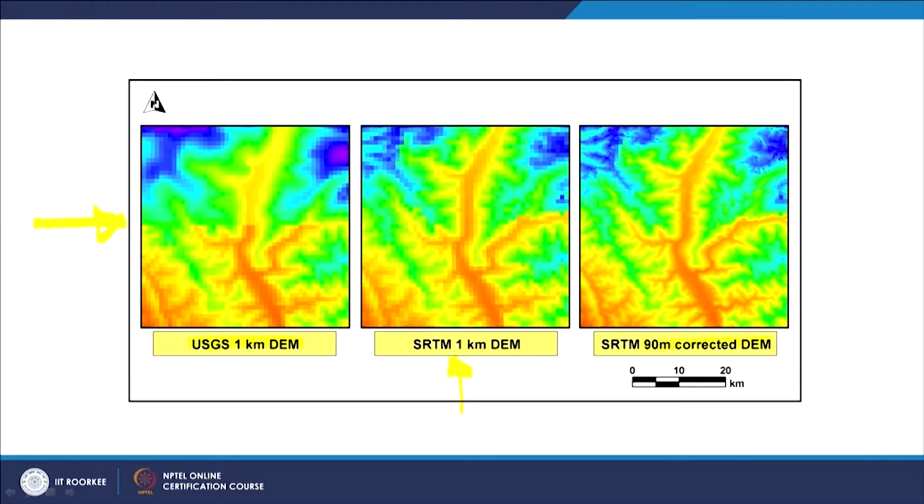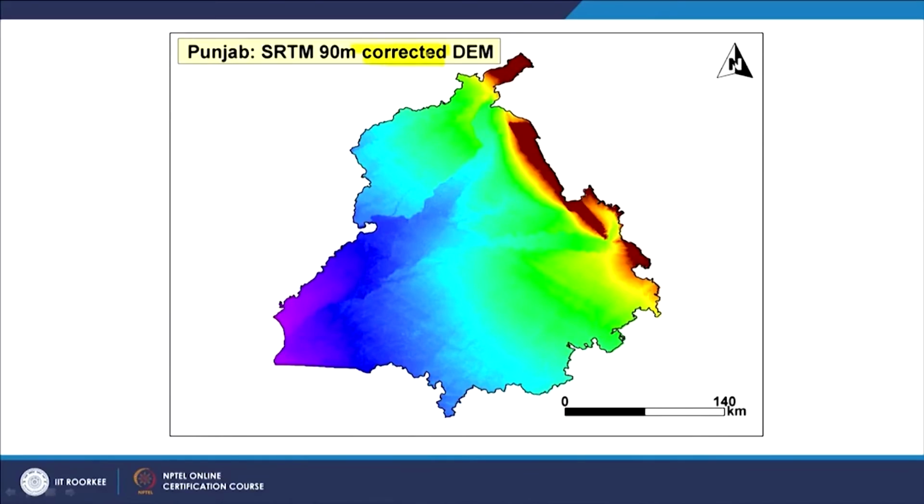Obviously, because the 90 meter DM has much higher spatial resolution, it looks much better and more informative than 1 kilometer resolution. Similarly, one more example of 90 meter, again corrected. Corrected means void filled DM. In plain areas the voids are very few, but in hilly areas sometimes you may encounter a lot of voids.